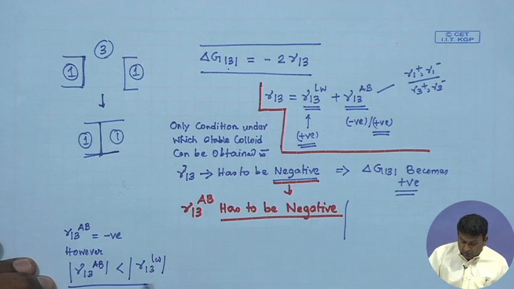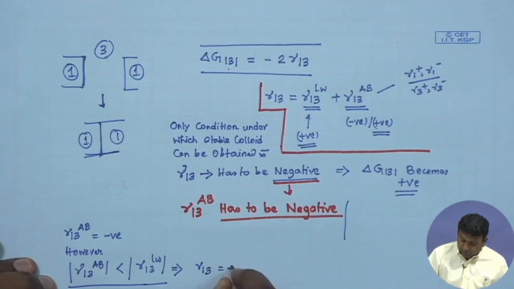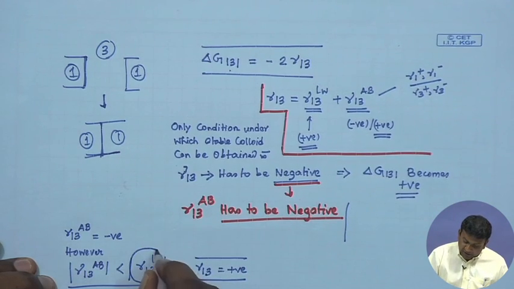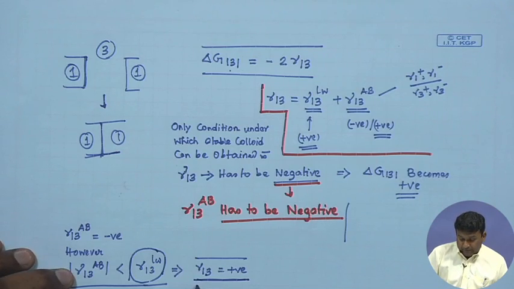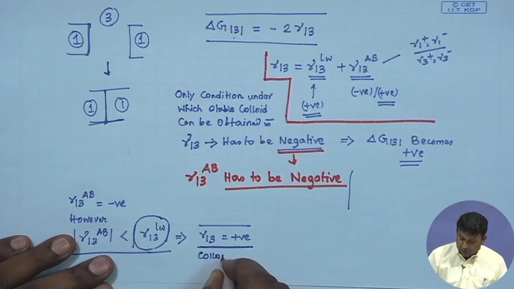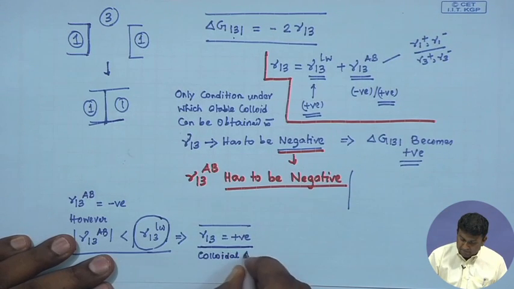What would that lead to? That will lead to this being positive, because this is anyway positive. So, this again leads to colloidal agglomeration.